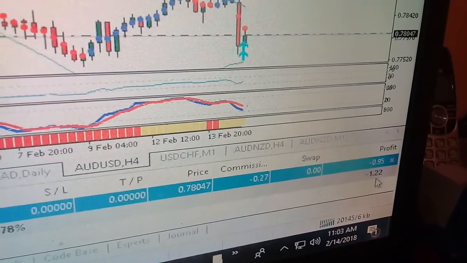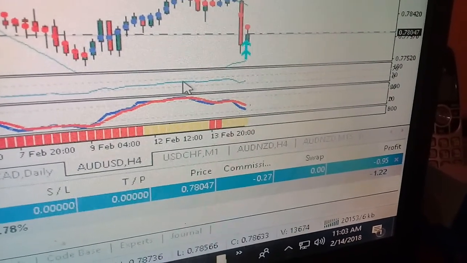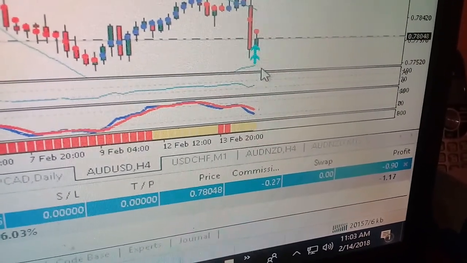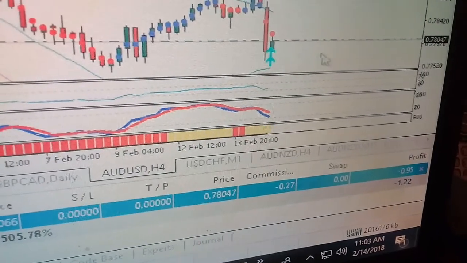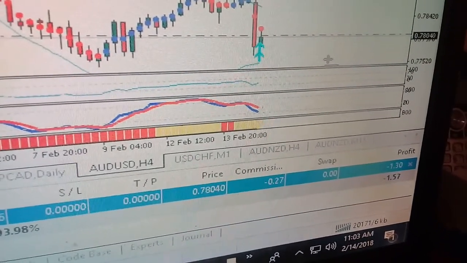So I can put a stop loss just under this. Like for example, I'll give an example. I'm going to put a line.